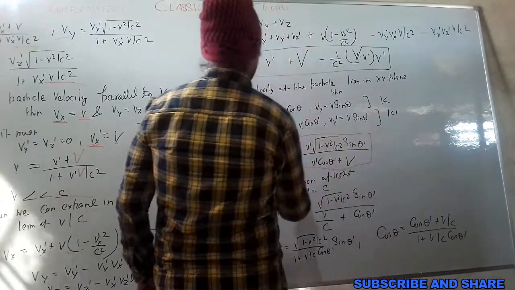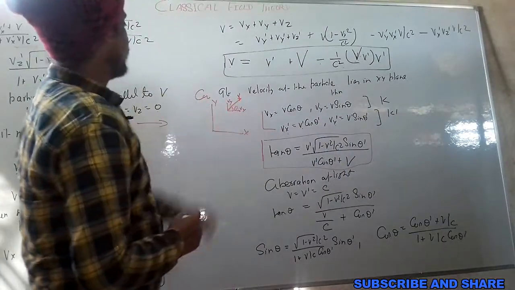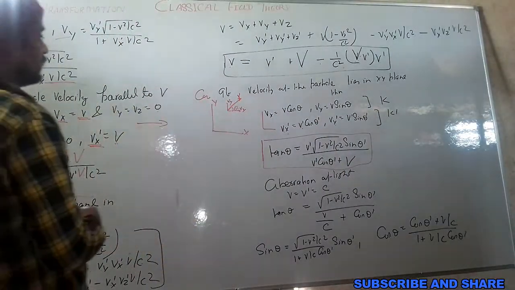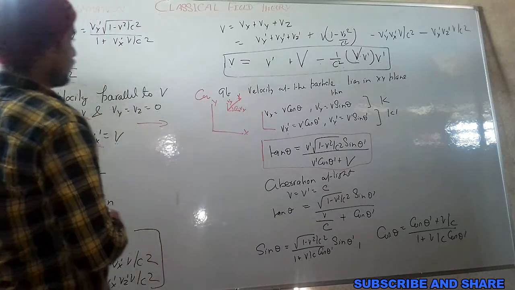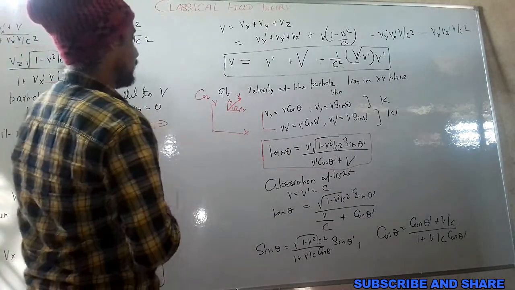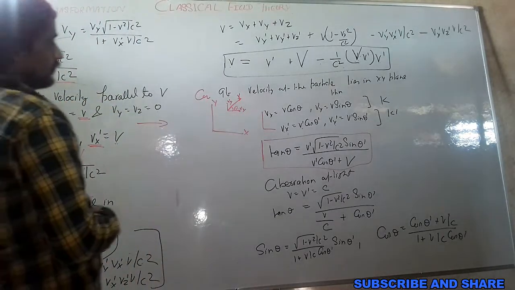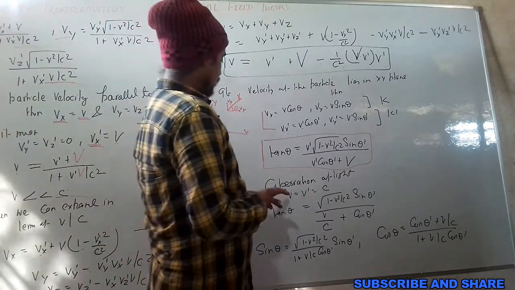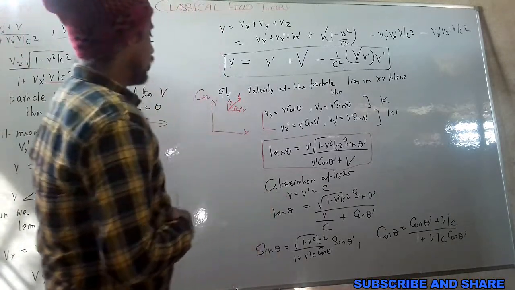This is for when a particle velocity is making angle theta with the x-axis, or lies in the xy plane. Now suppose there is a known phenomenon called aberration of light.